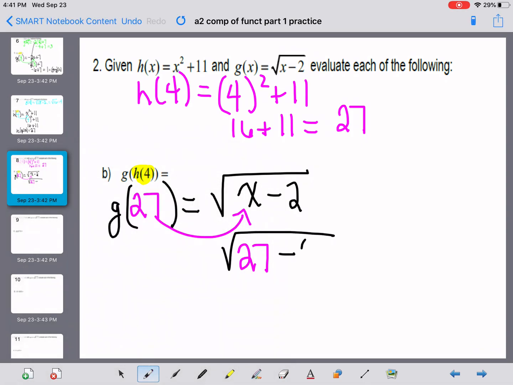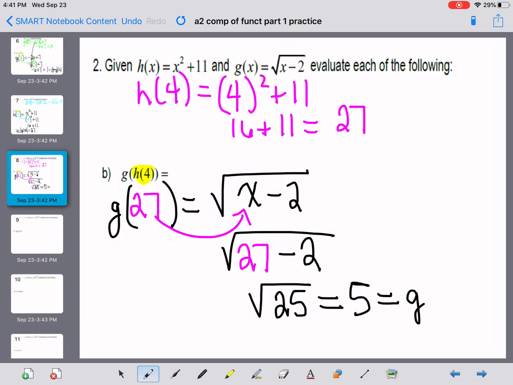So it's going to be the square root of 27 minus 2. 27 minus 2 is 25, and the square root of 25 is 5, which again, that's our final answer. That's what g of h of 4 equals.